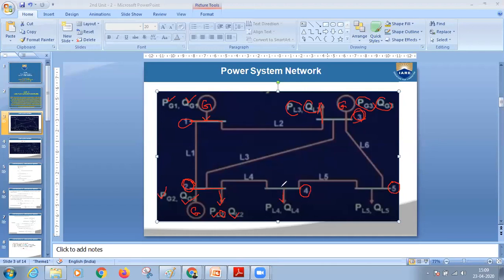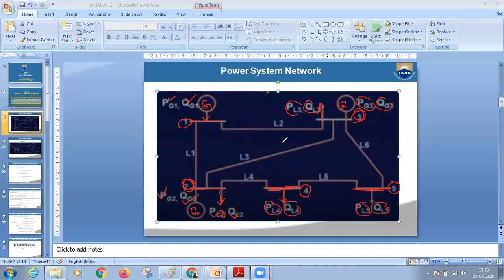That means at this fourth bus there is no power injection, only power delivery. No generator is connected at the fourth bus as well as the fifth bus. The power taken by the fourth bus is PL4 and QL4, and at the fifth bus it is PL5 and QL5.